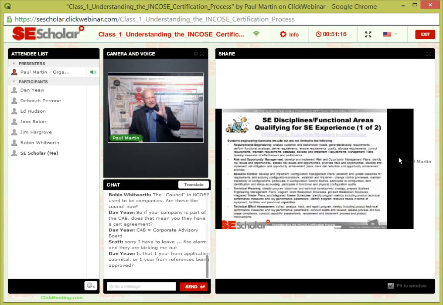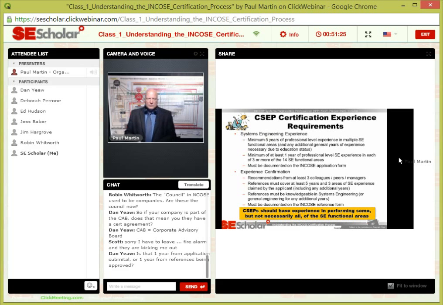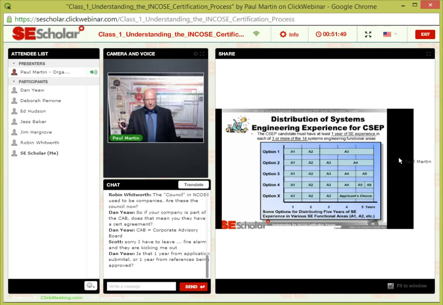The way they actually look at this is through this thing called the application matrix. So I'm going to show you how to work that. So you don't have to have all of them. Of course, they'd appreciate it if you had more than 3. But really, they will do the minimum. If you have the minimum 3 experience in 3 areas over a year in each one, that's all they're looking for. So, this kind of shows you what I'm talking about.